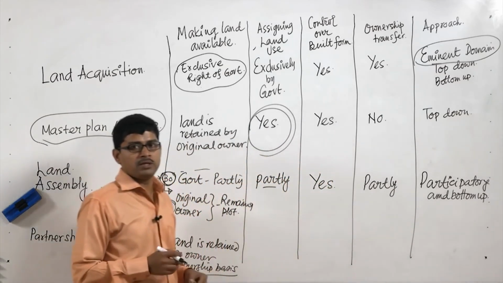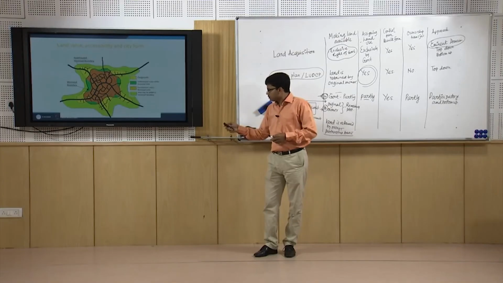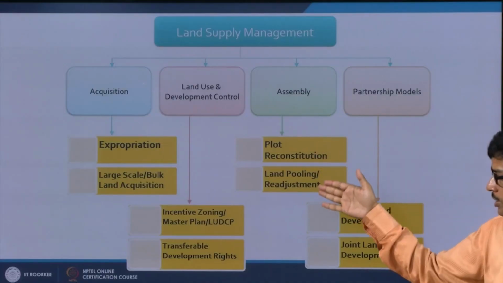Sometimes it is called town planning scheme, sometimes it is called land readjustment scheme, it is written in the slides also, or it is called plot reconstitution, land pooling, readjustment.